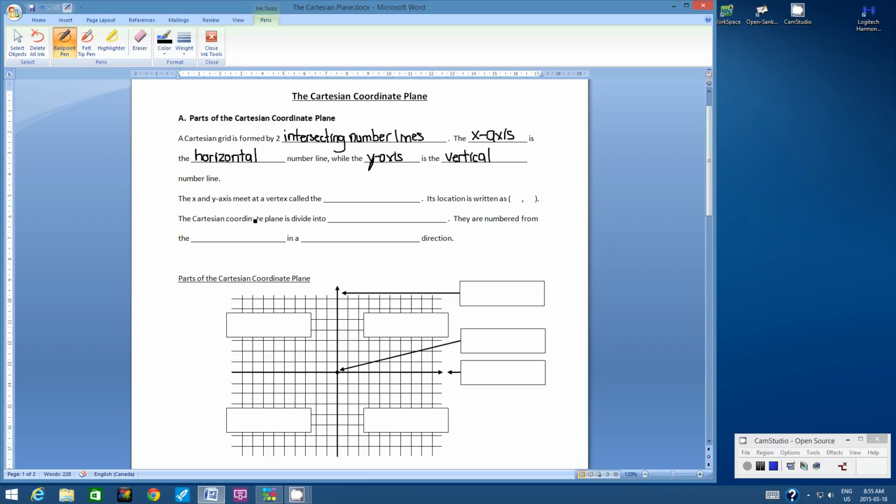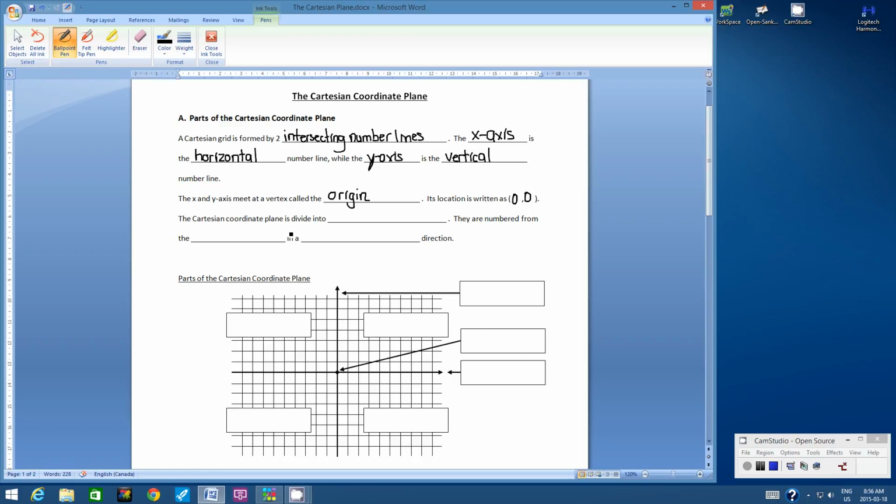The x and y axis meet at a vertex right here, a vertex called the origin. Its location is written as 0, 0. That's its location on the Cartesian grid.